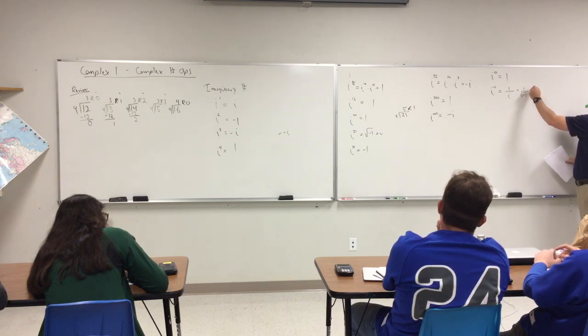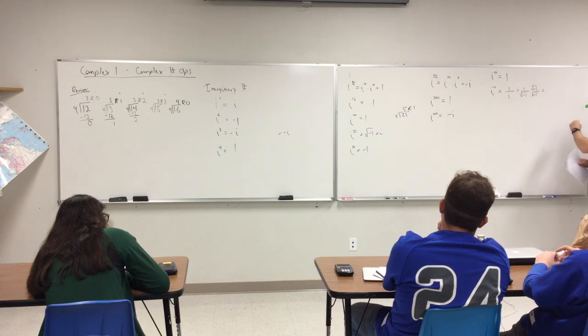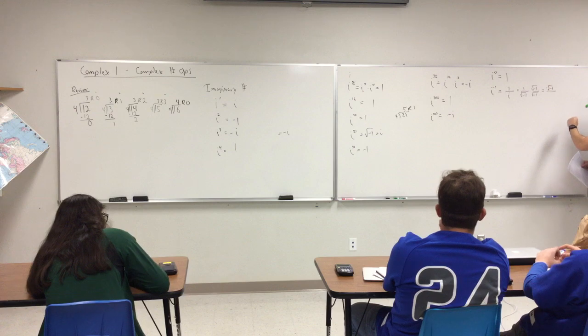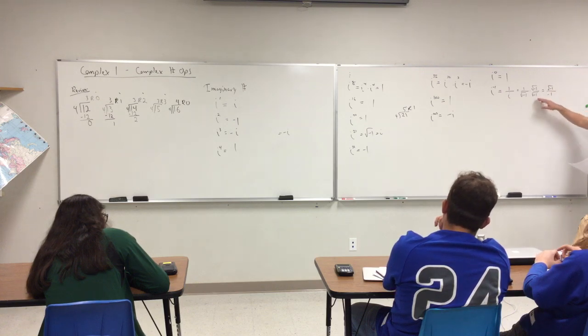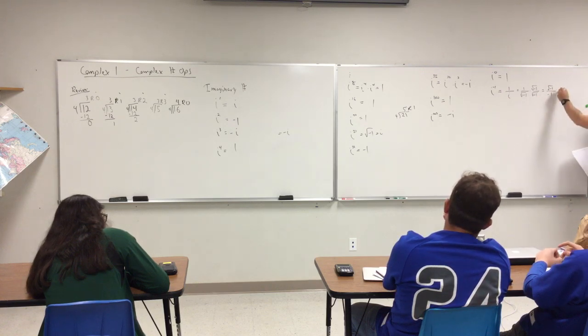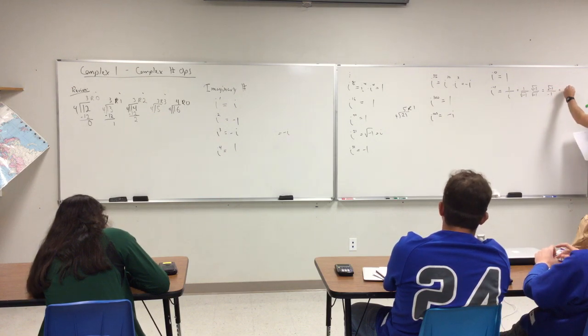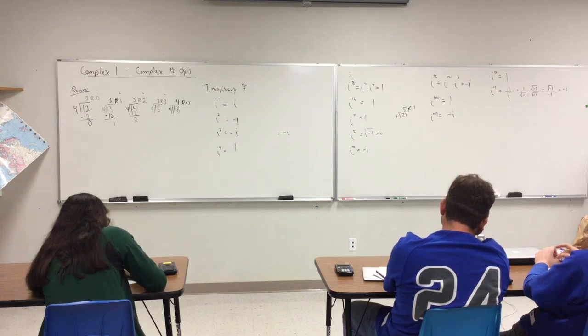So let's multiply this by square root of negative 1 over the square root of negative 1. So we have square root of negative 1 over negative 1. The square root of negative 1 is I, divided by negative 1, so we've got negative I.